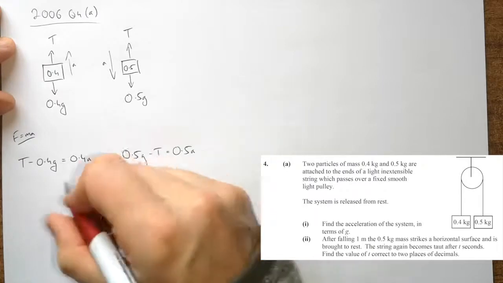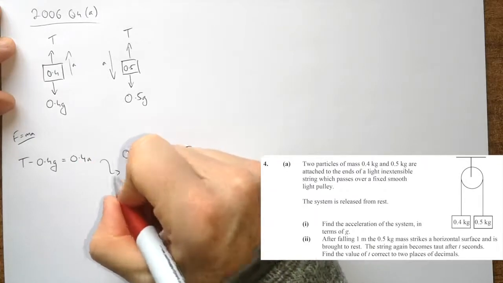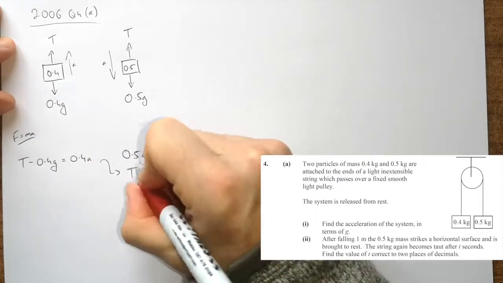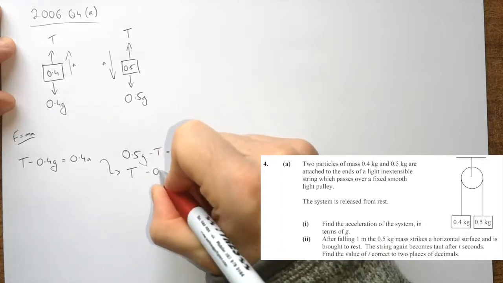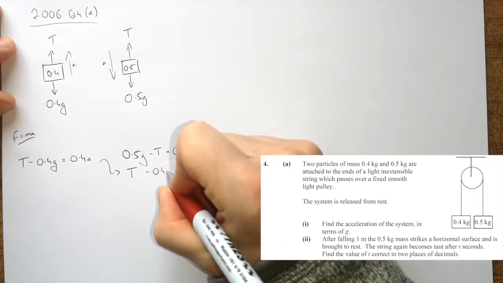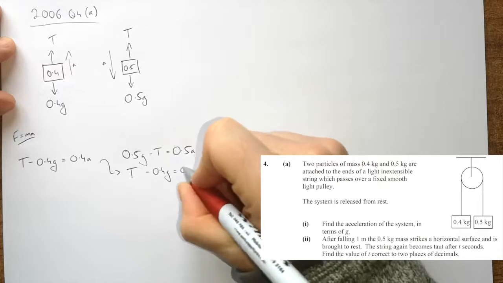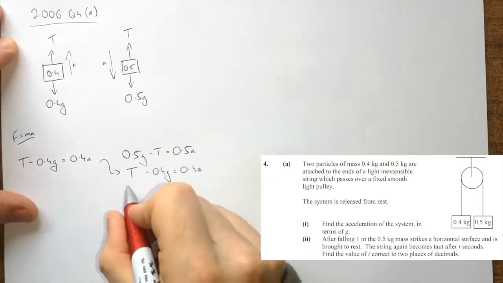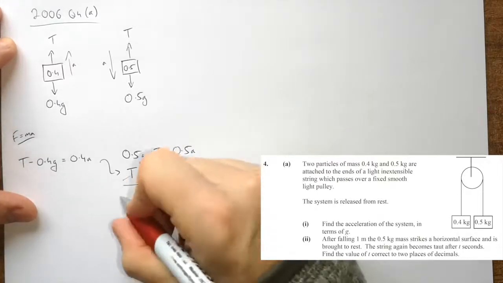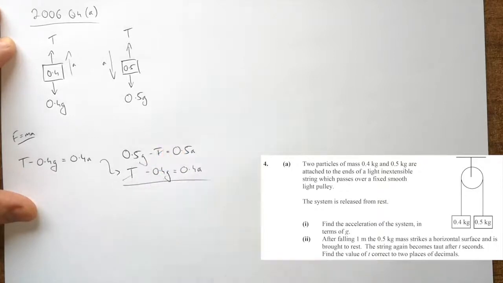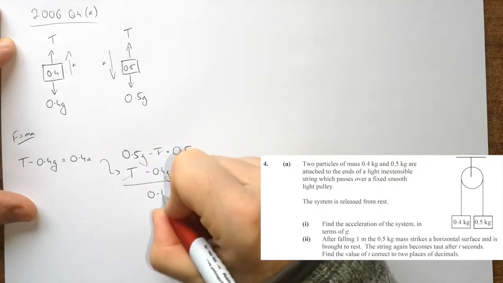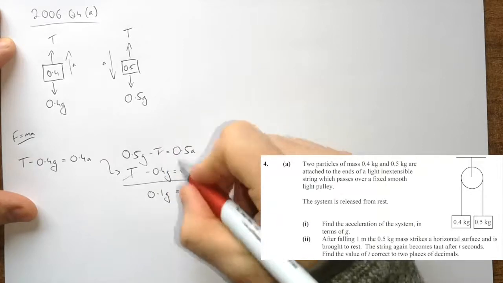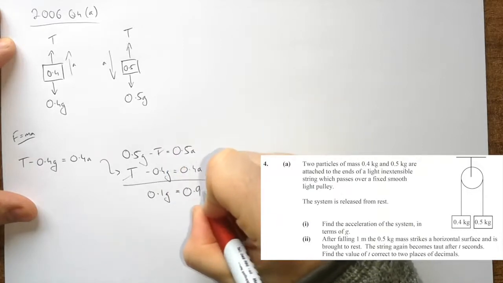Okay, so step 2, almost always the easiest way to deal with these is to do simultaneous equations because the T's cancel out. 0.4g, 0.4a. Goodbye T's. So we have 0.5g minus 0.4g, which is 0.1g, and that equals 0.9a.